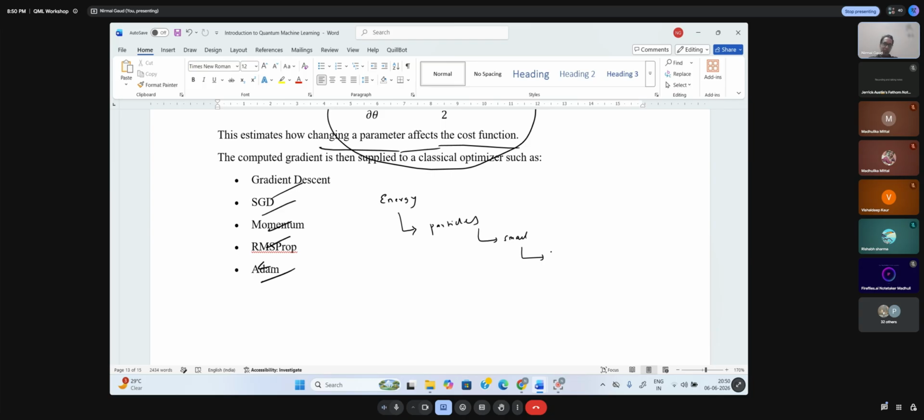Depending upon their spin, they can have positive, they can have negative, and 0, 1, a superposition of 0 and 1 can also be present. They can influence each other also.